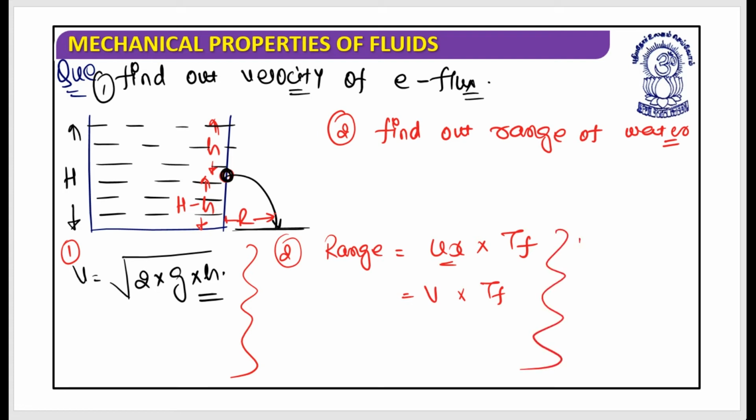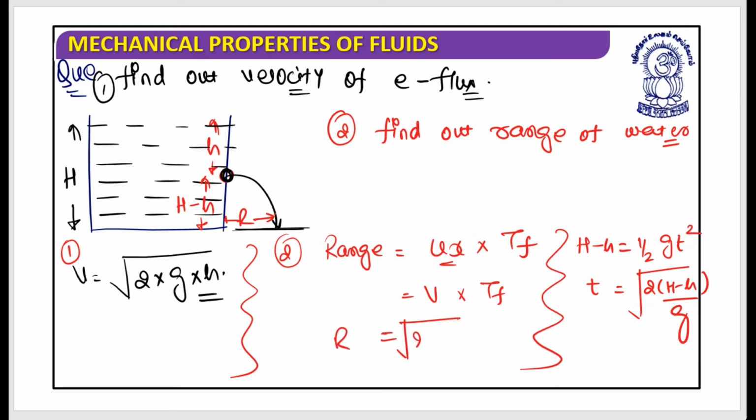The distance to travel, H minus h, equals half g t squared. So t equals root of 2 into (H minus h) by g. So range equals root of 2gh multiplied by root of 2 (H minus h) by g.